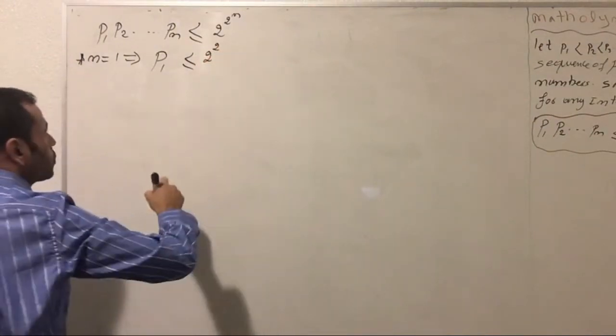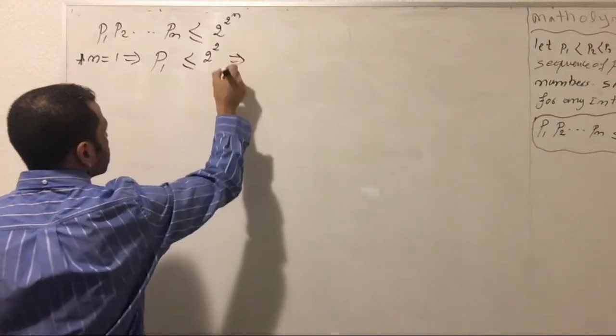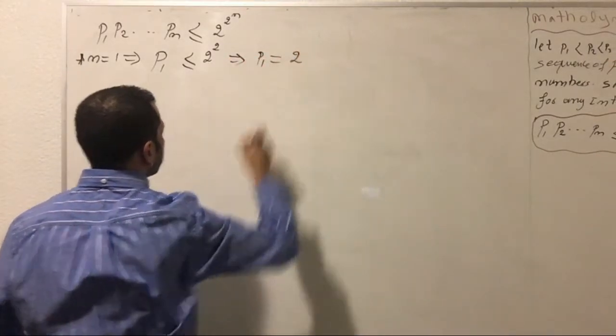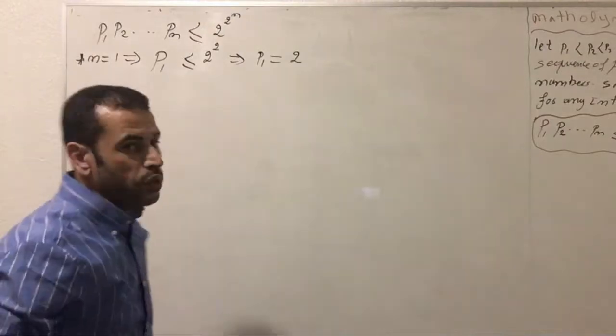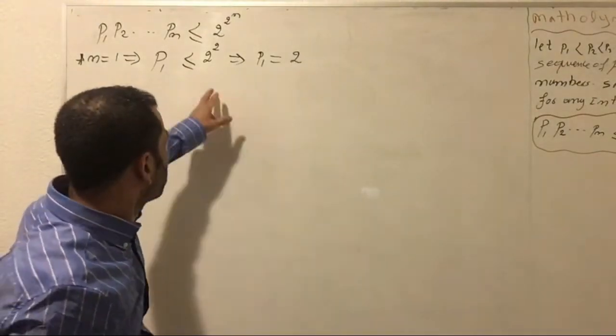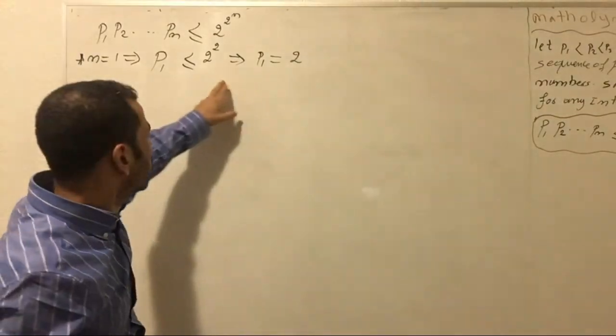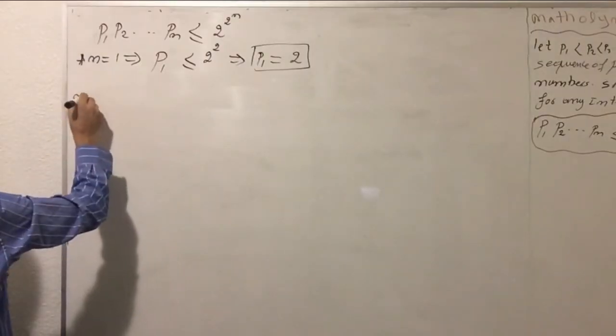This is telling us P1 should be 2, because P is a prime number, so P1 will take the smallest number. Let's try when n equal to 2.